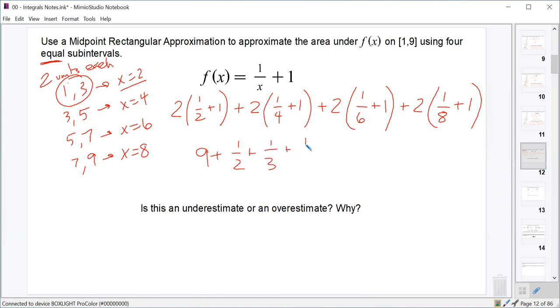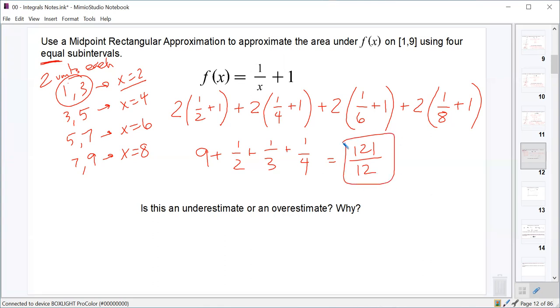And 2 times an eighth is a fourth. 9 plus a half plus a third plus a fourth. Common denominator there is going to be 12. Looks like that's going to come out to be 6 twelfths plus 4 twelfths plus 3 twelfths. That's 13 twelfths plus 9. Well, looks like that's going to end up being 121 twelfths.